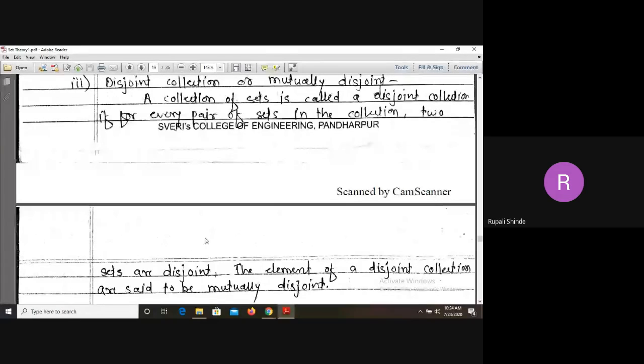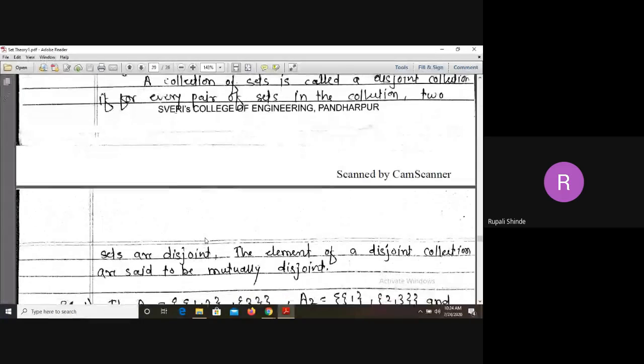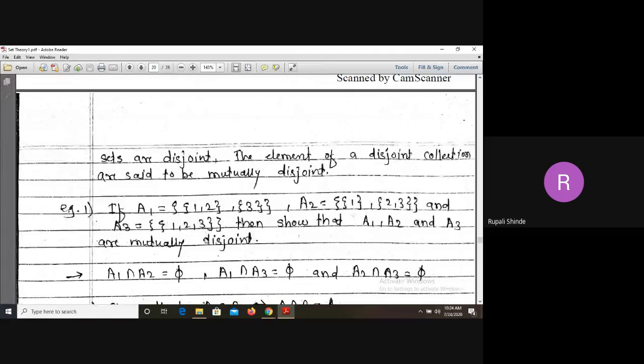The elements of a disjoint collection are said to be mutually disjoint. Okay. And take down this example.